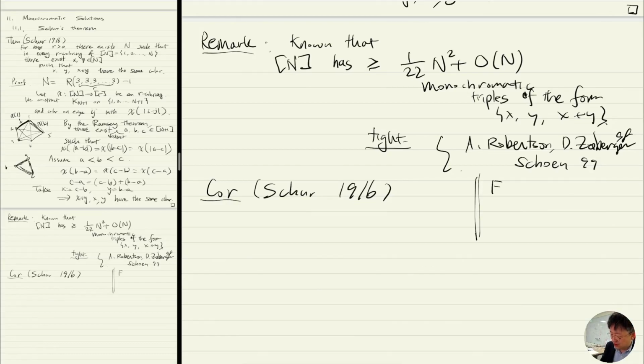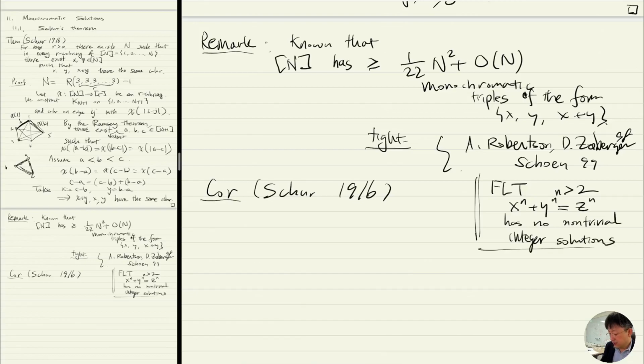For those who may have heard of Fermat's last theorem, it says x to the n plus y to the n is equal to z to the n has no non-trivial integer solutions, which was conjectured. This has been a big open problem in mathematics, and then in the late 90s, Andrew Wiles proved that it is true.